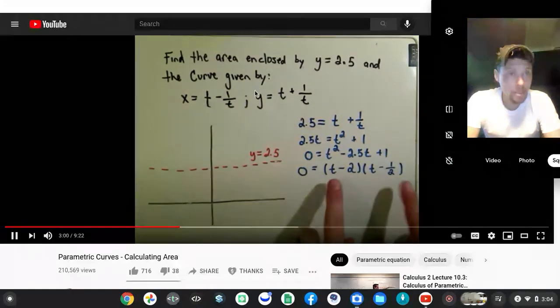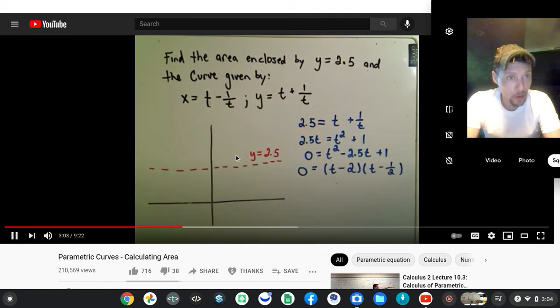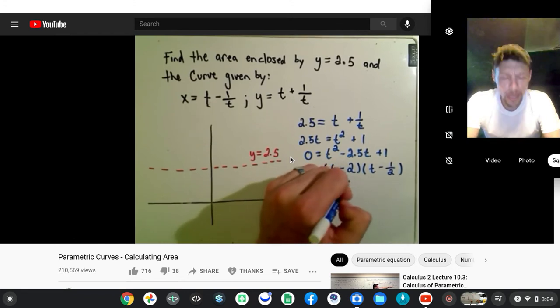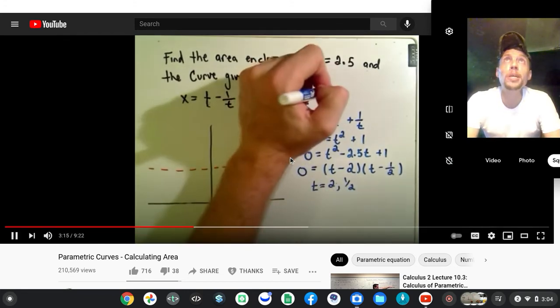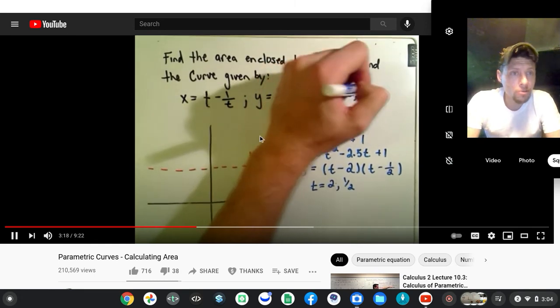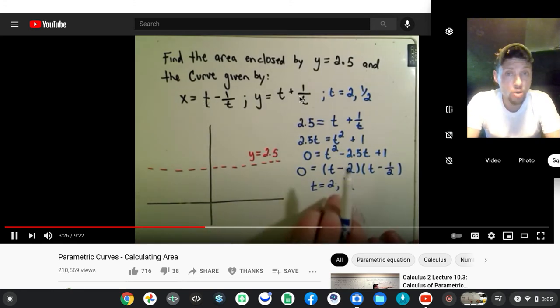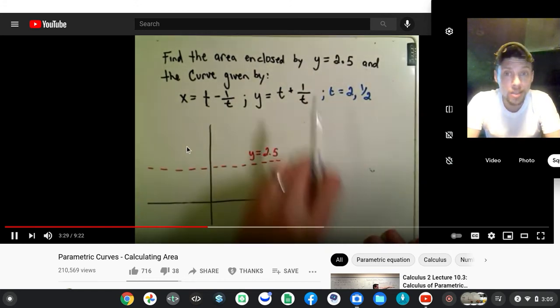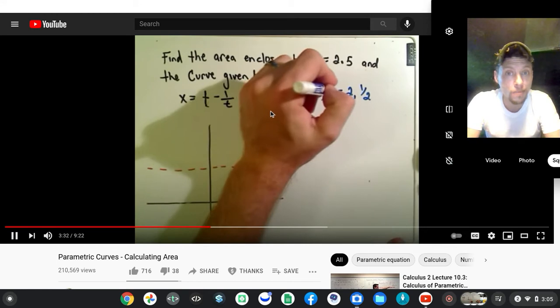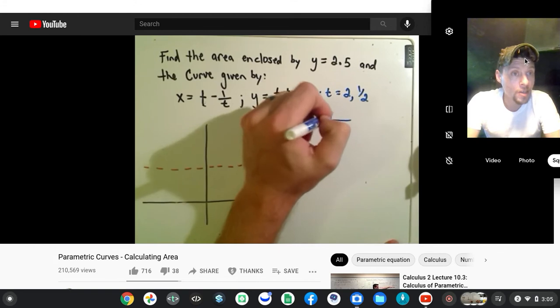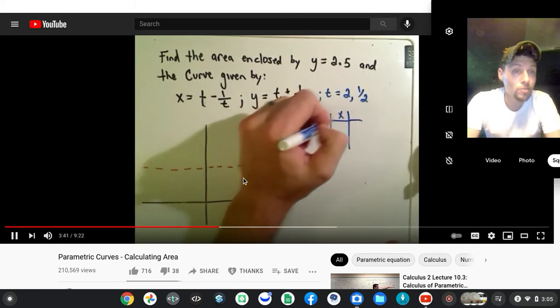So our solutions are that t equals 2 and t equals 1/2. These are going to be important values. Maybe we can graph this as a parametric curve, x equals t minus 1 over t, and plot a couple of points. Let's figure it out.